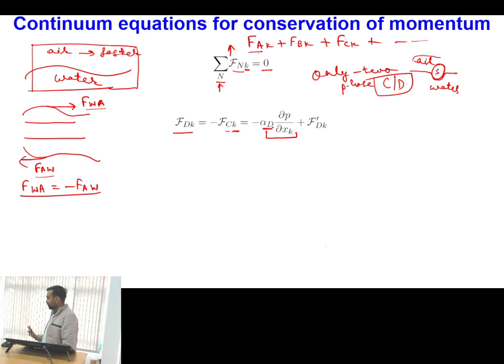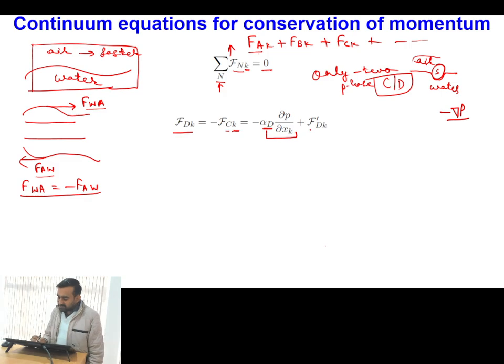All are clear with this point? And force acting because of pressure on a control volume, we know from our basic understanding of fluid mechanics, is that force because of pressure per unit control volume is equal to minus gradient of P, and gradient of P in tensor notation can be written in terms of del by del xk. All are clear with this idea?